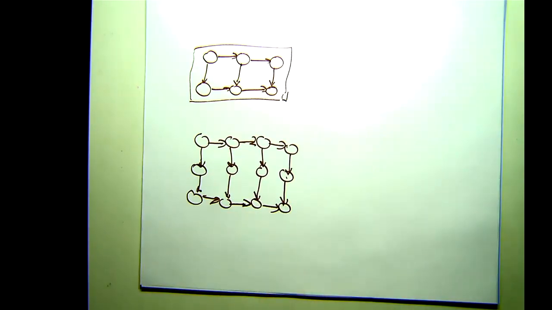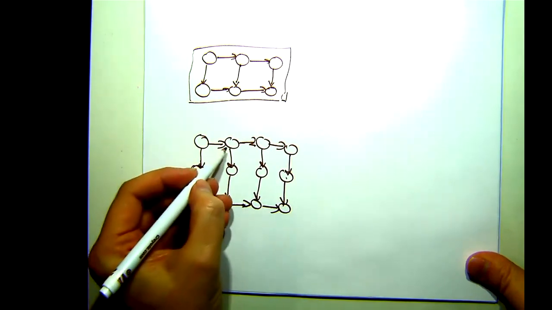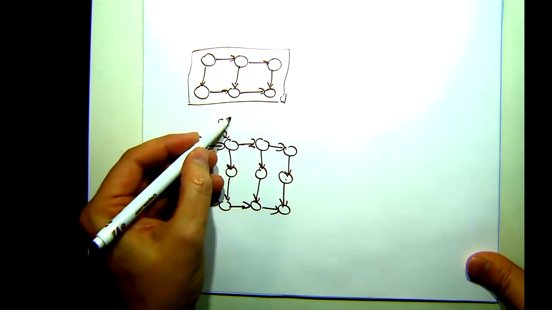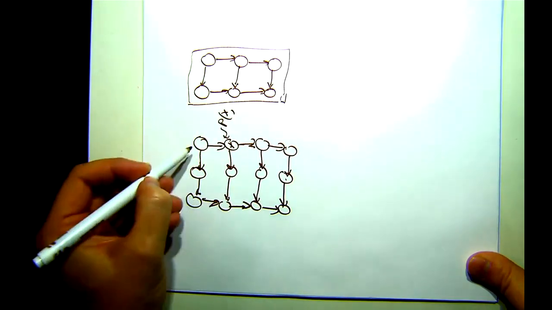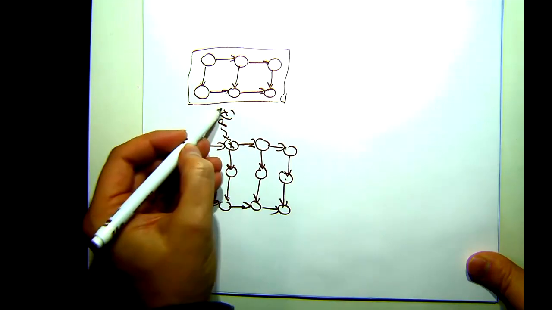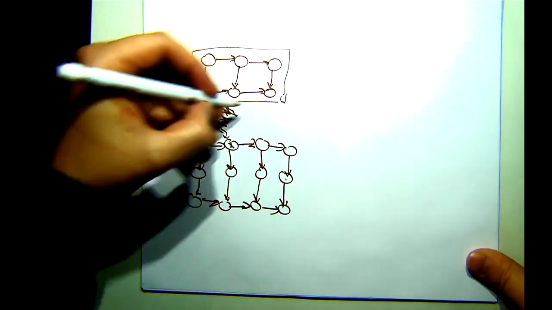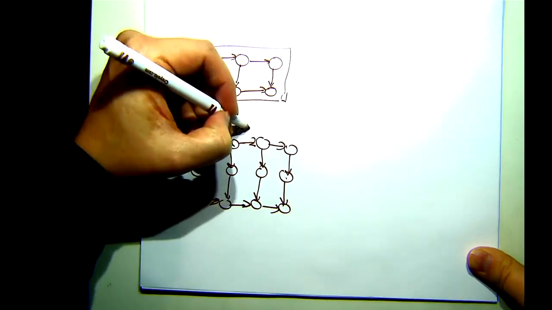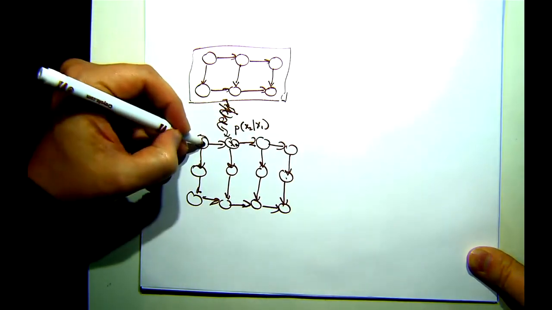Now, there's going to be meaning for each one of these nodes. So this one is going to be the probability of this node, let's call this x, given, let's call this, I don't know, y, just to have something. Right there. It's the probability of x2 given x1. So this is x2, this is x1.